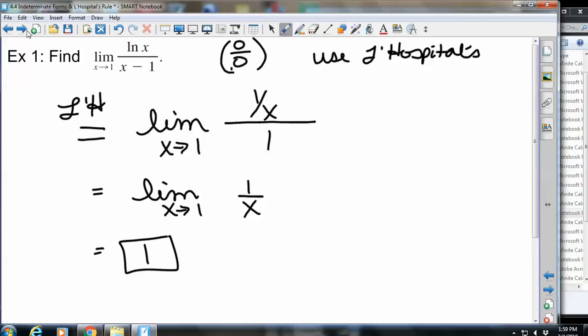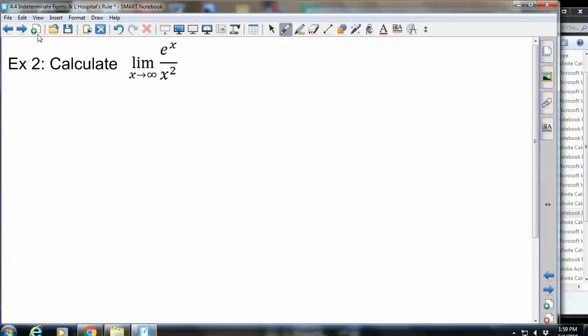Alright. Let's try some more. So there was an answer, but we just weren't able to calculate it. Right. The limit laws we had to this point weren't sufficient to find it.